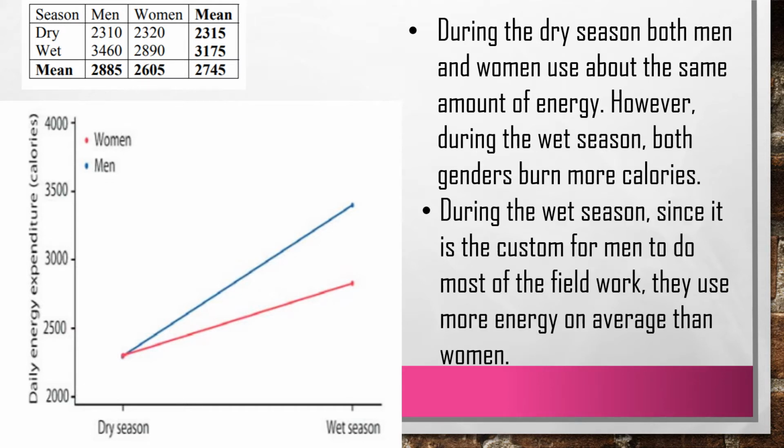While during the wet season, since it is the custom for men to do most of the field work, they use more energy on average than women. So therefore, there is an effect of gender on the number of calories burned, but only in the wet season. So there is an interaction between gender and season, as well as main effects of both factors.